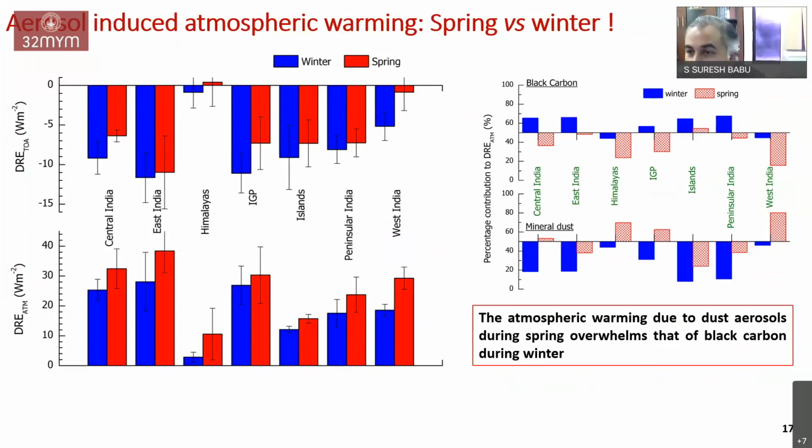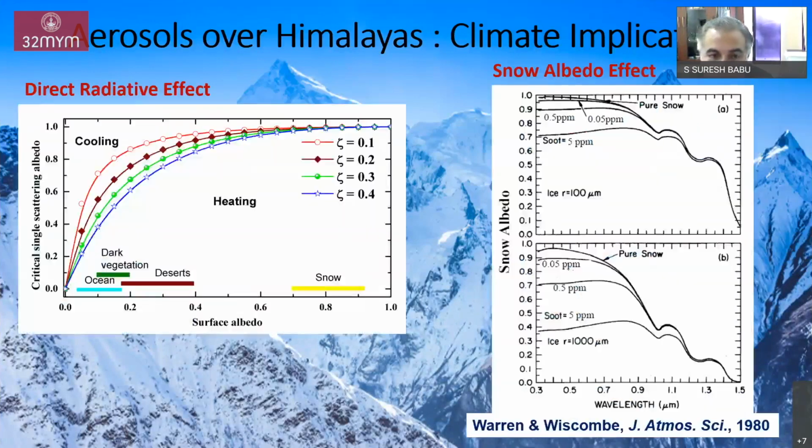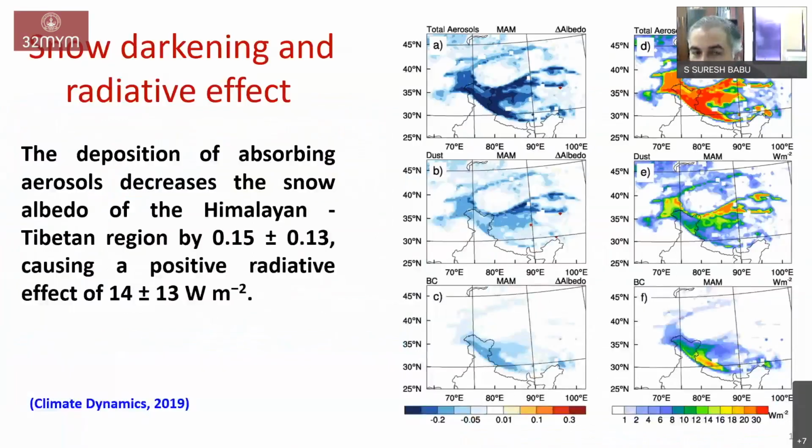There was some discussion about the aerosols over the Himalayas. I'm not going into the mechanism because of the lack of time, but our study shows that the deposition of absorbing aerosols decreases the snow albedo over the Himalayan region by about 0.15. Of course, this is an average value over the Himalayan region, so the statistical uncertainty is quite high.